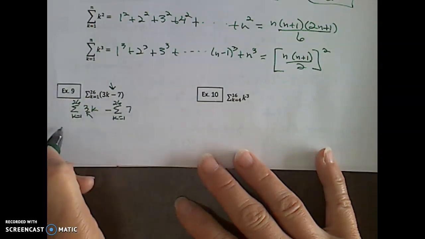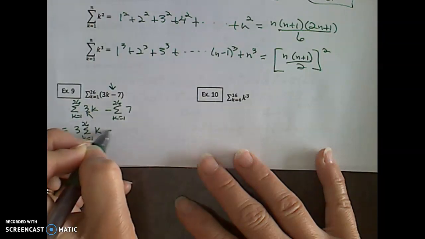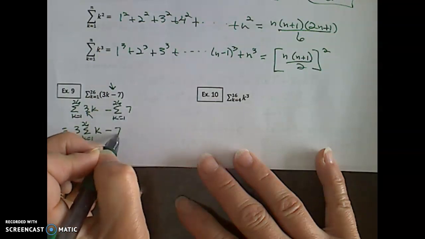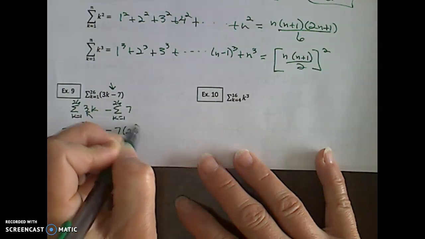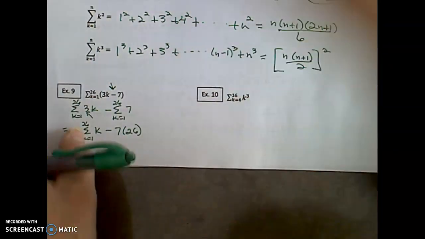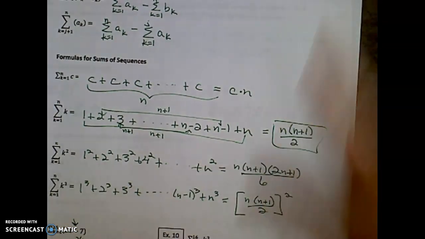But there's a coefficient, so I can take that out. That's 3 times the sum from k equals 1 to 26 of the first 26 integers minus, that's just a constant. So a constant times the number of constants I'm adding up. There's a formula up above for the sum of the first 26 integers, so I'm going to use that.